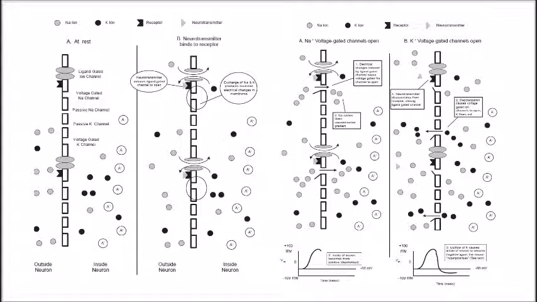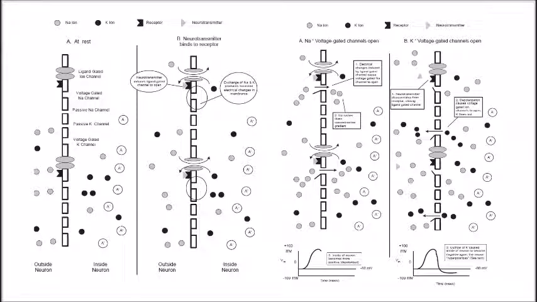That opens the channel. The sodium flows in and calcium flows out. This is actually not what triggers the action potential. That only affects the membrane potential in that very small area around the neurotransmitter. But if enough neurotransmitters bind to enough receptors, we get electrical changes such that the sodium voltage-gated channels open, and that's shown in the third figure from the left.